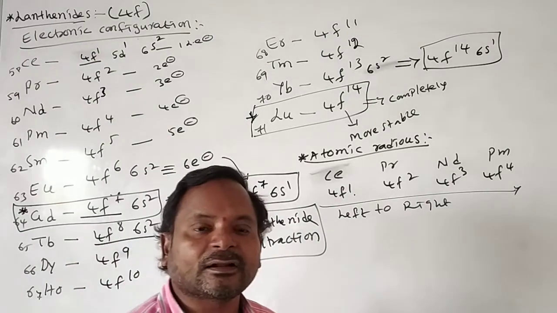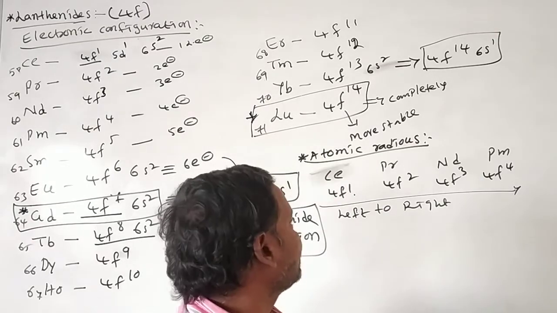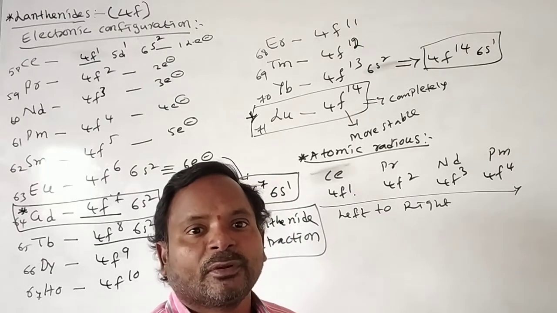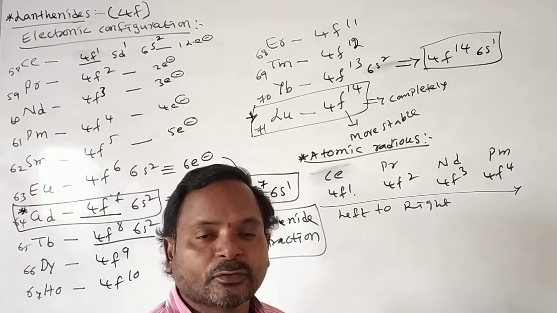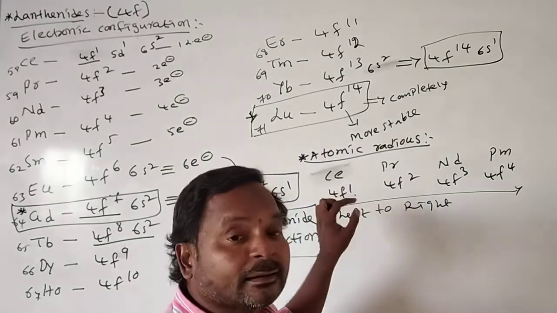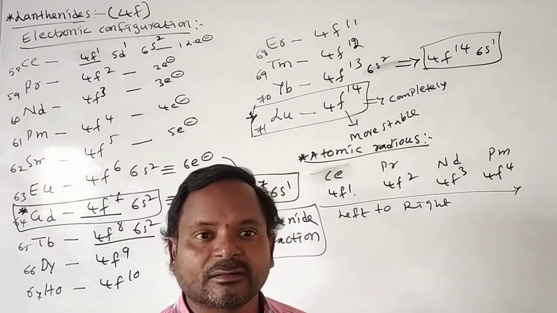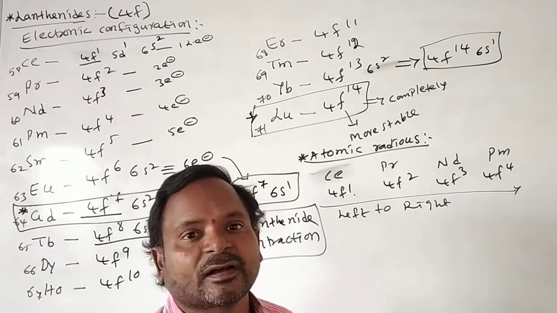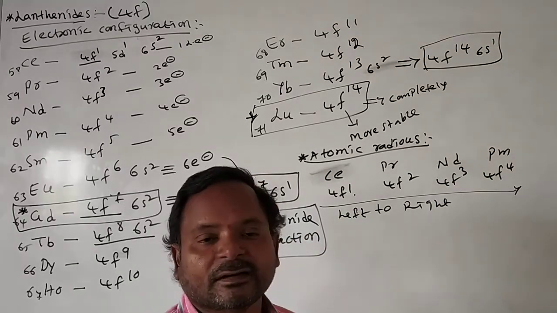The decrease in atomic radii from left to right, cerium 58 to lutetium 71, is due to the increasing nuclear charge on the atom, the differentiating electron entering only one orbital, that is the f orbital, and the poor shielding of the f orbital also. Here we have shown the lanthanide contraction.